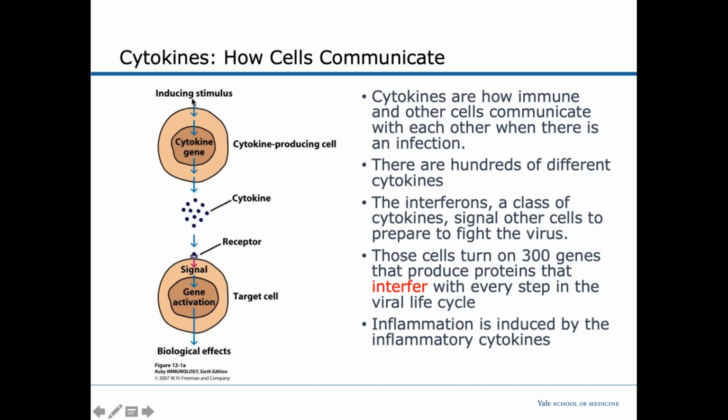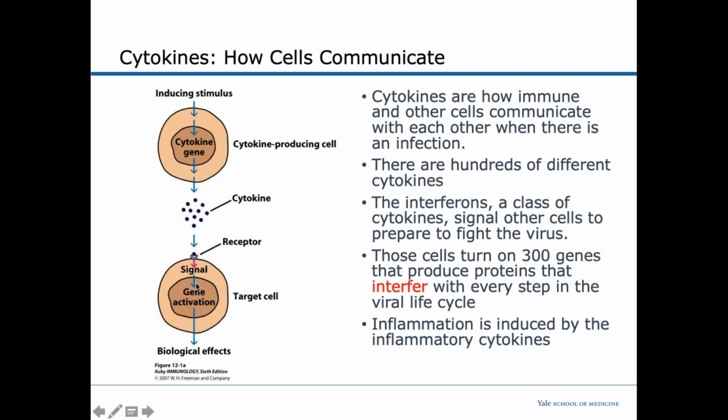So on the left, you can see an inducing stimulus. That would be the receptor that would detect the microbe. The cell would then make the cytokine, and the neighboring cell that would have a receptor for that cytokine would then bind it and get a signal.